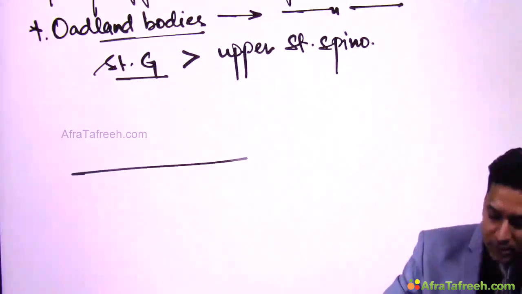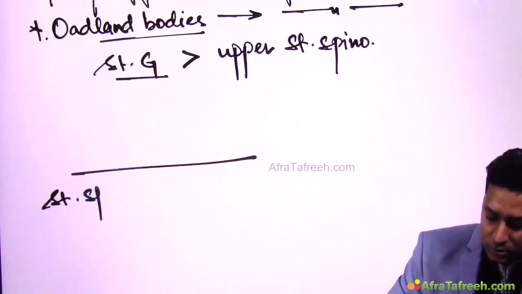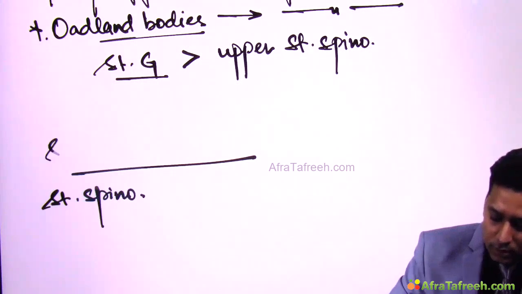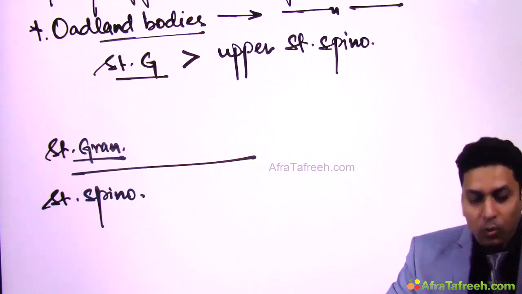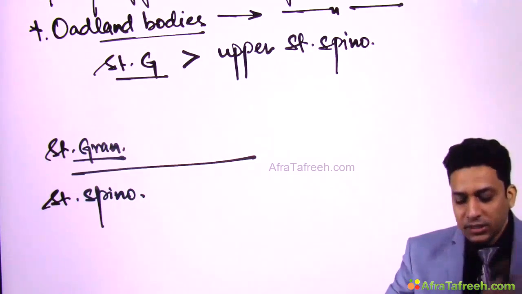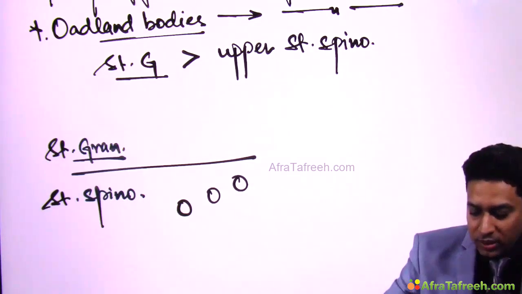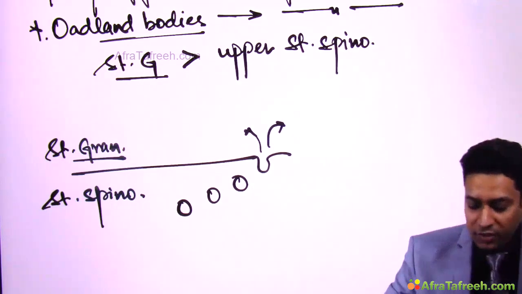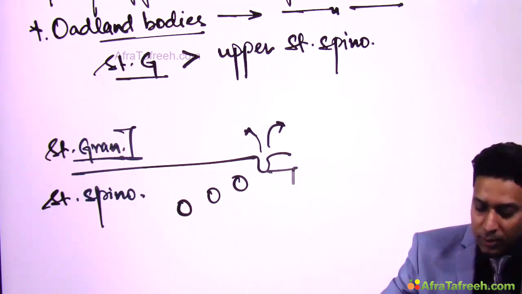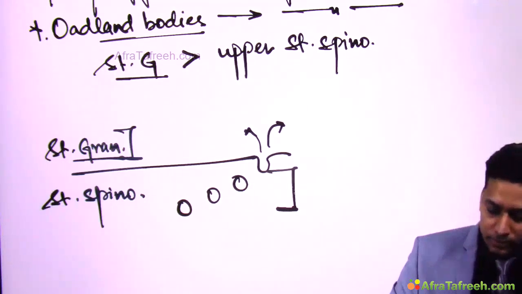Because let us consider that this is stratum spinosum, this is stratum granulosum. These Odland bodies start forming here in the upper part of stratum spinosum. Gradually they move upwards and reach stratum granulosum. So if stratum granulosum is not there, choose upper part of stratum spinosum.